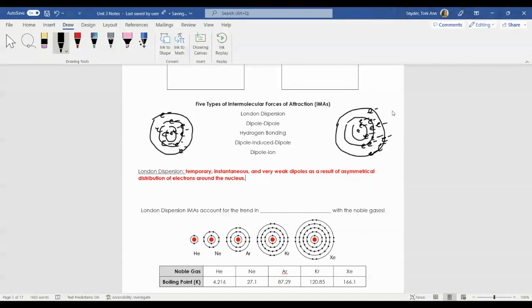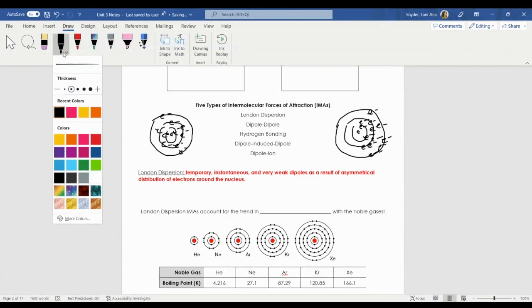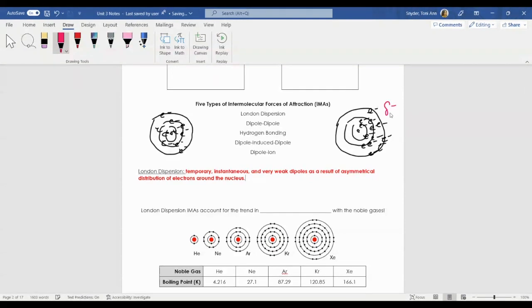When this happens, we create a polar atom or molecule, right? Even atoms. This works with all of the noble gases as well. We could create a polar noble gas for just a split second. That's because by chance, all of your electrons happen to be present on this side of the nucleus.